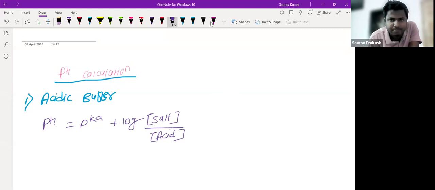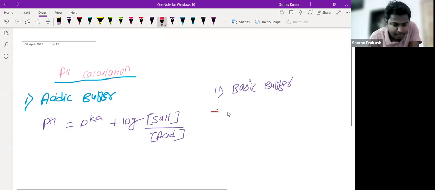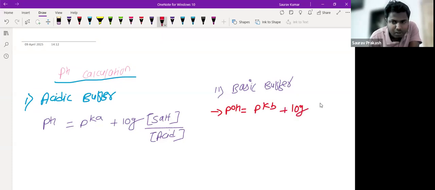And for basic buffer, pOH equals pKb plus log salt upon base, where pKb is defined for the weak base.